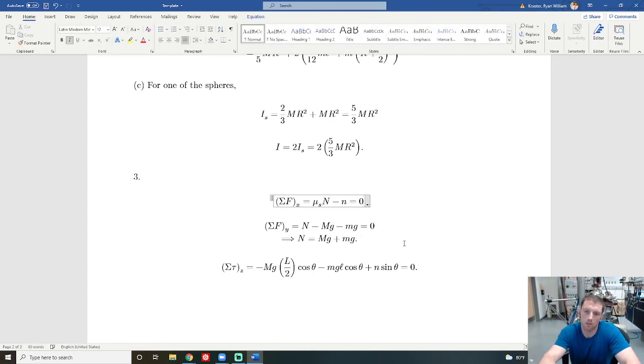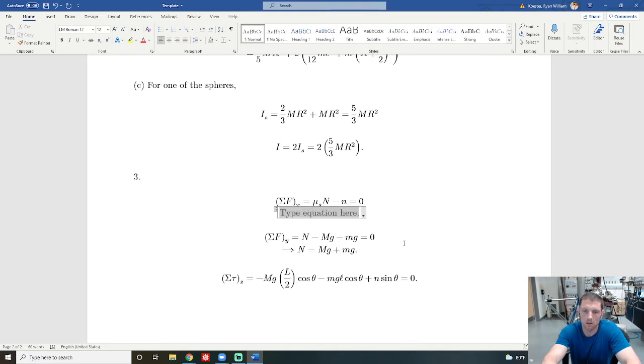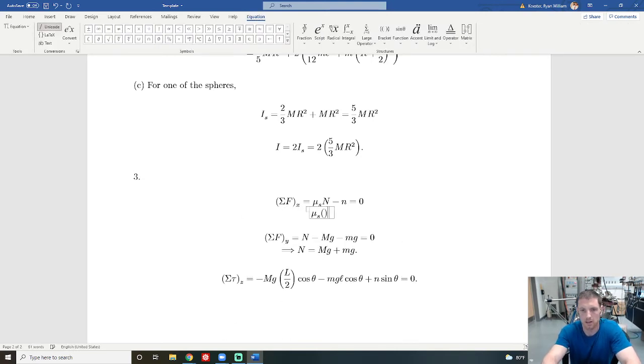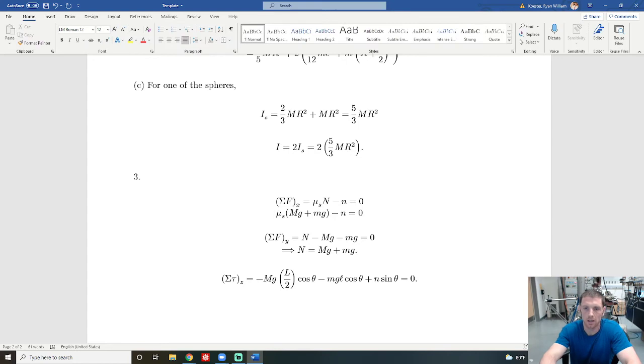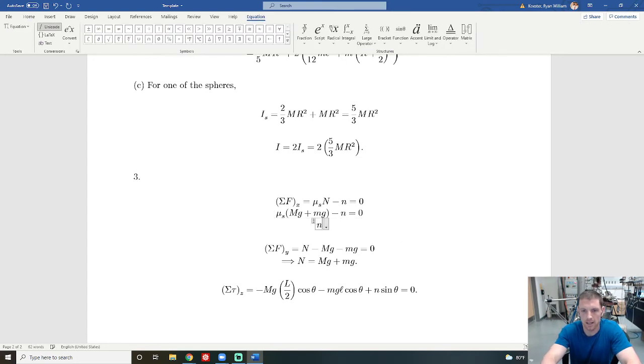Then if we take that result up here, what we find is mu sub s times big mg plus little mg minus n equals 0, right? And this tells us then that little n is mu sub s g times big M plus little m, right? If we factor out the g and simplify it a bit.